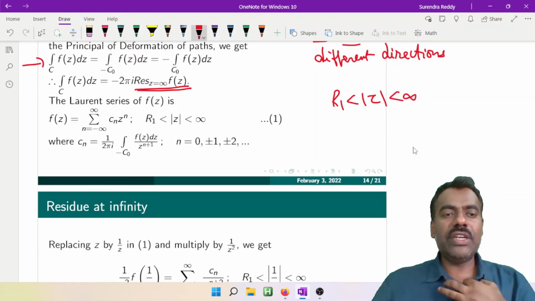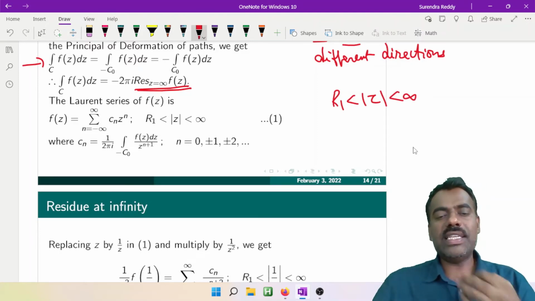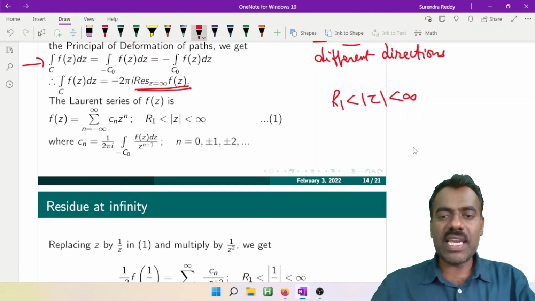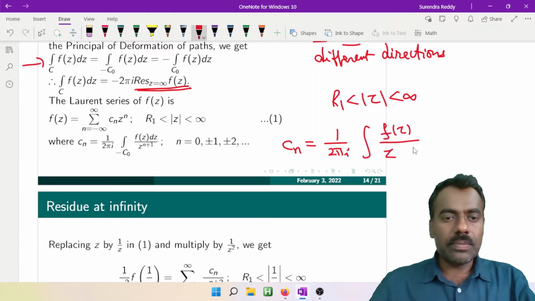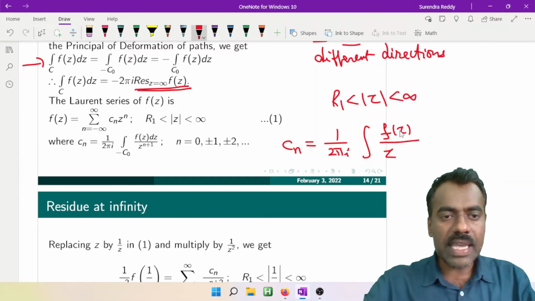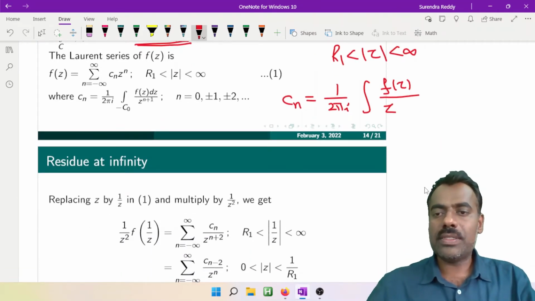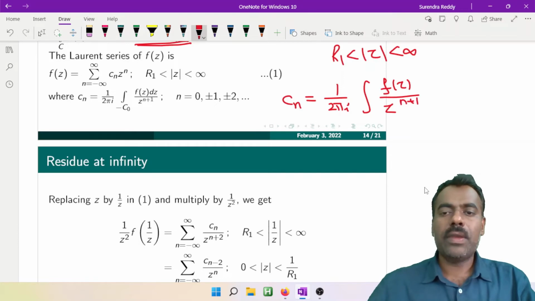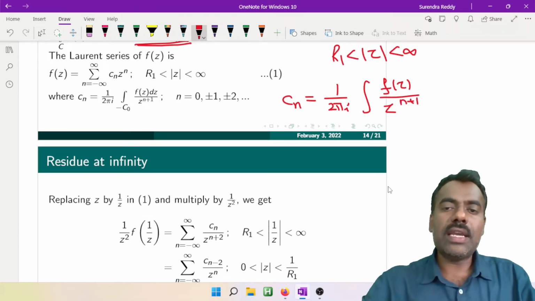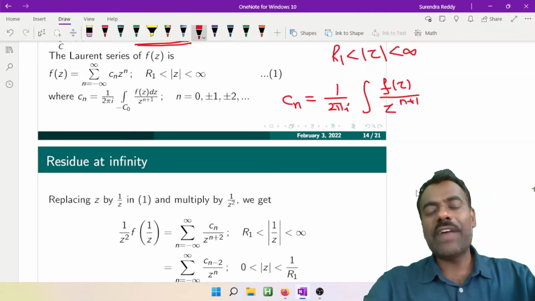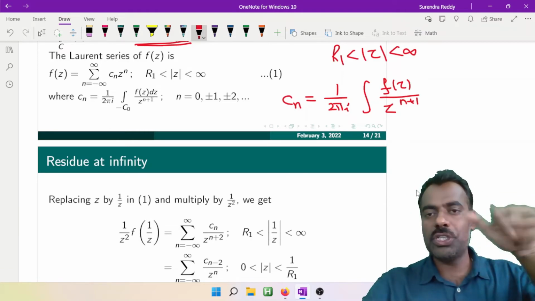We denote that by the summation of c n z power n, where each c n is given, as we know already, by 1 over 2 pi I times the integration of f of z upon z power minus n plus 1, where n is equal to 0, plus or minus 1, and so on. Whenever we want to define this, the curve should be in positive orientation.